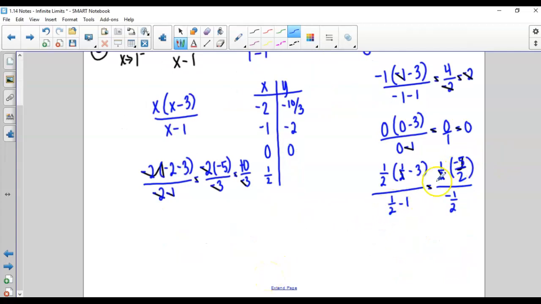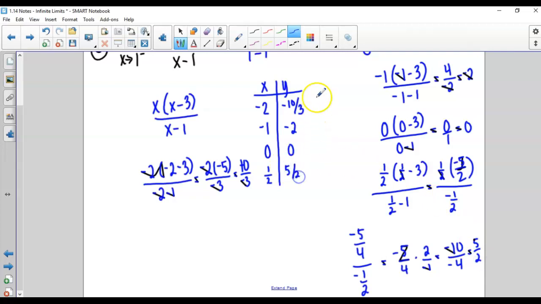And so I would get negative 5/4 over negative 1/2. Dividing fractions is easy as pie. Flip the second and multiply. And so I would get negative 10 over negative 4, which would give me 5/2.